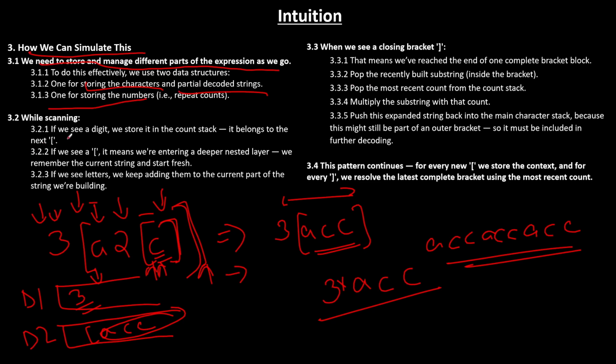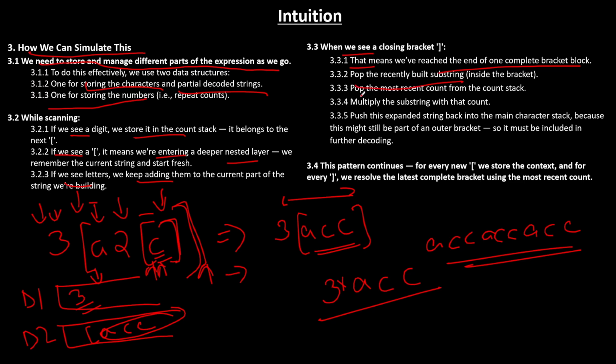If you could just read the theory: if you see a digit, we store it in the count stack. If we see an opening bracket, we are entering deeper into a nested layer. If we see letters, we keep adding them to the current part of the string. Now, when we see a closing bracket, that means we have reached the end of the complete bracket block. We pop the recently built substring.